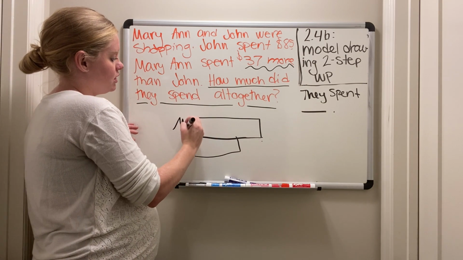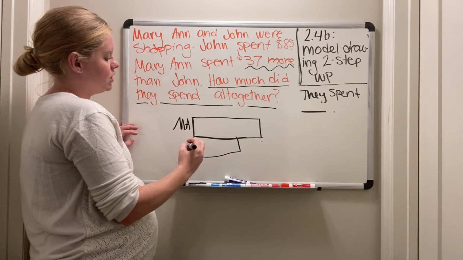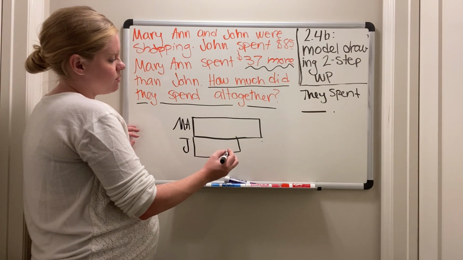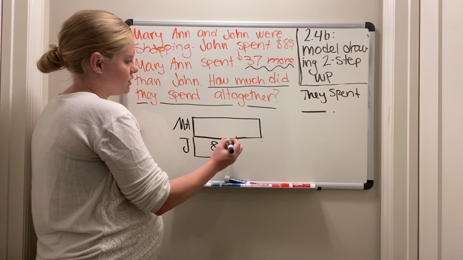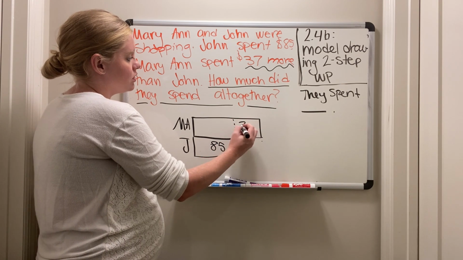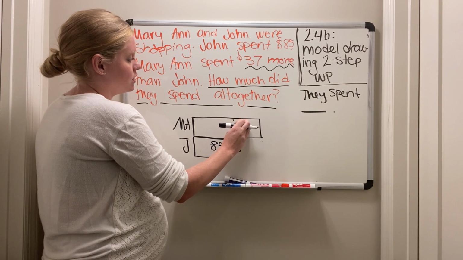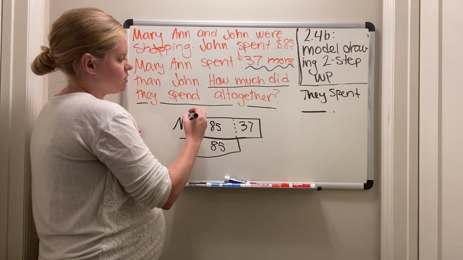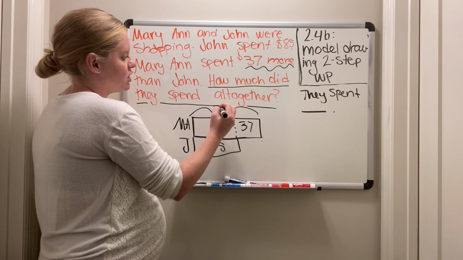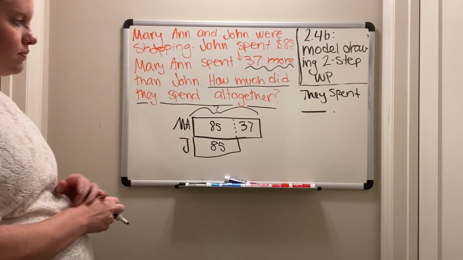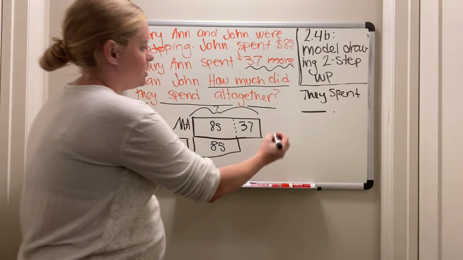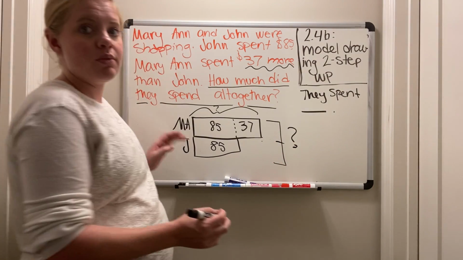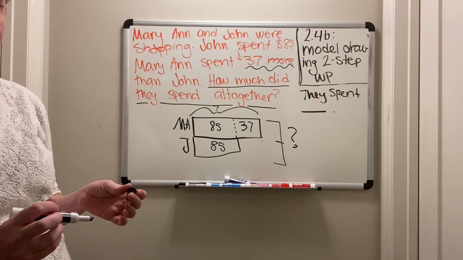So Mary Ann is up top. John down at the bottom. We know how much John spent, $85. We don't know how much Mary Ann spent. We just know that she spent $37 more than John, right? Then we're going to put our big question mark over here. Go ahead, pause your device, solve.